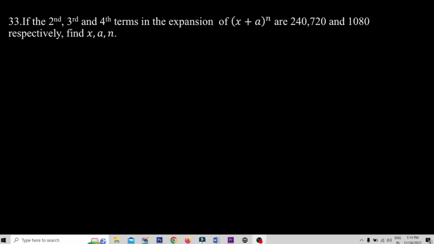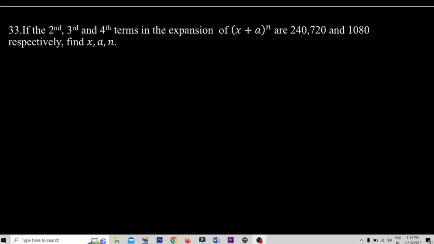In this question 33, it has been given that the second, third and fourth terms of this expansion are 240, 720, 1080. Similar to the previous sum, we have to get the values of x, a and n. So let us do the same thing.